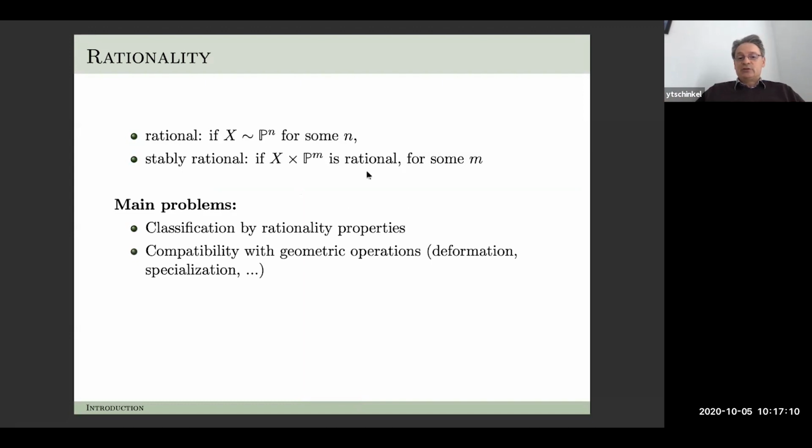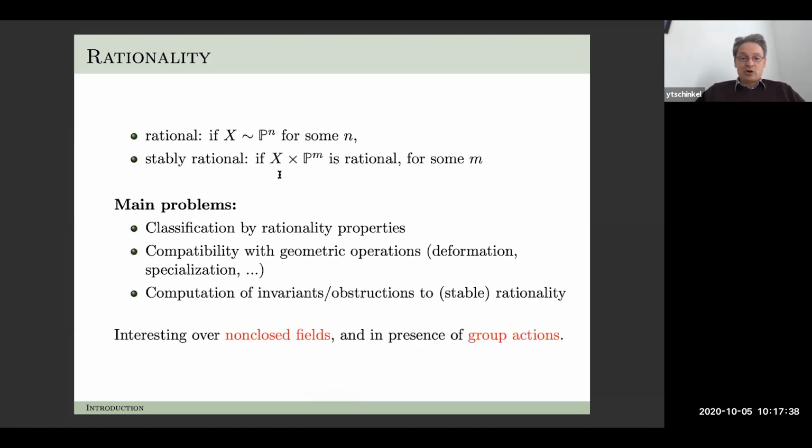And then we would like to study compatibility with basic geometric operations, behavior under deformations, as well as specialization. And then we would like to introduce computable obstructions to rationality and stable rationality, and study invariants that arise in this area, and their applicability perhaps to some other questions in algebraic geometry.